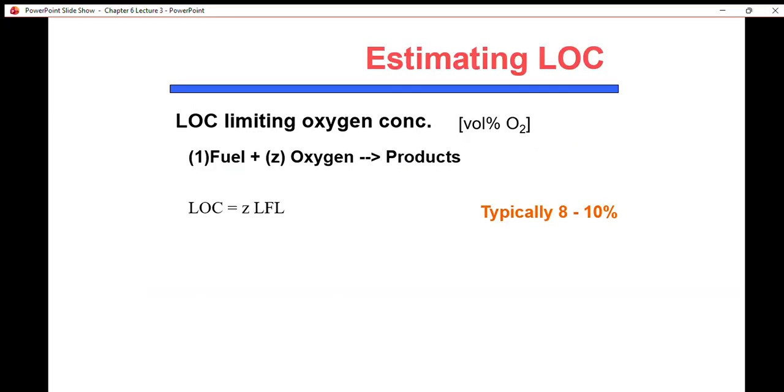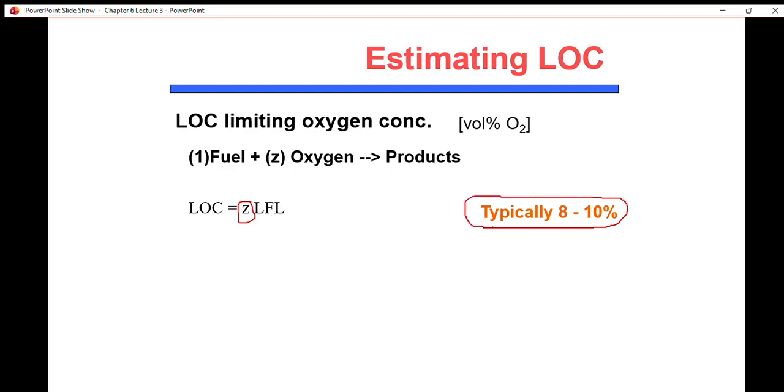Finally, if you want to estimate the LOC, which is the limiting oxygen concentration, for hydrocarbons as well, you can get it the same way, where LOC equals the Z value multiplied by the lower flammability limit for that specific compound that you calculate. And normally, for most hydrocarbons, the typical values for LOC are between 8 and 10%.